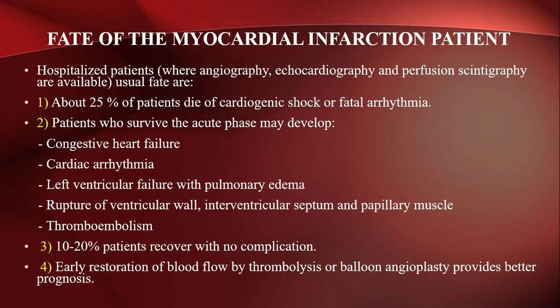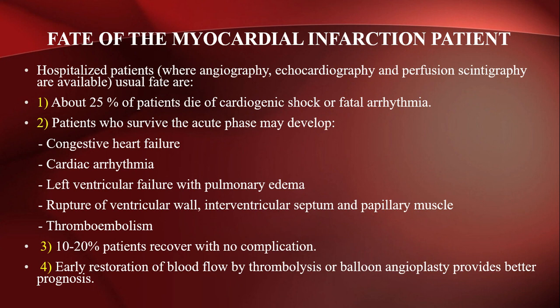The outcomes of myocardial infarction patients, for hospitalized patients where angiography, echocardiography, and perfusion scintigraphy are available. The usual fates are, first, about 25% of patients die of cardiogenic shock or fatal arrhythmia.